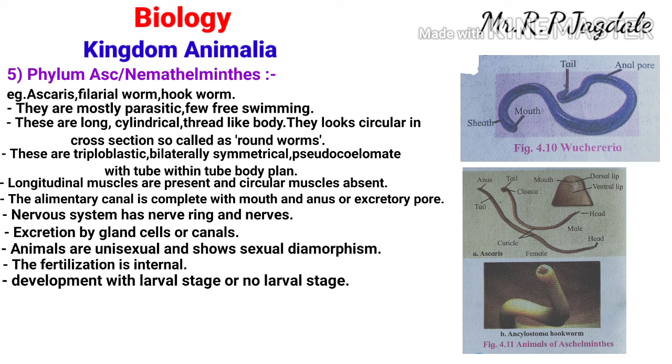Alimentary canal is complete, mouth and anus are present, pharynx is well developed, nervous system has nerve ring, excretion by gland cells or canals. These are unisexual animals, showing sexual dimorphism. The fertilization is internal, development is with larval stage or no larval stage.